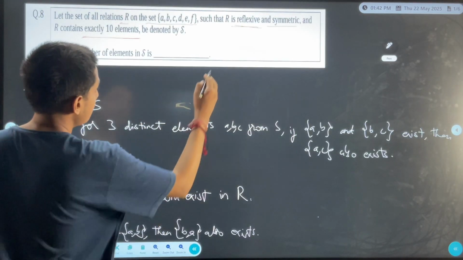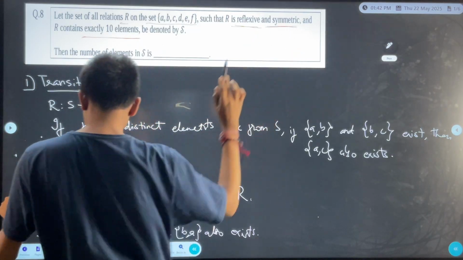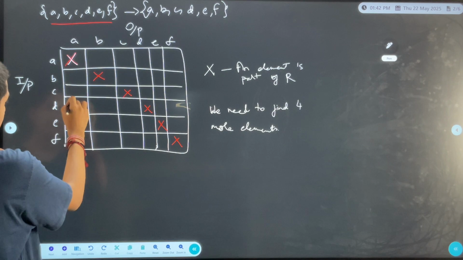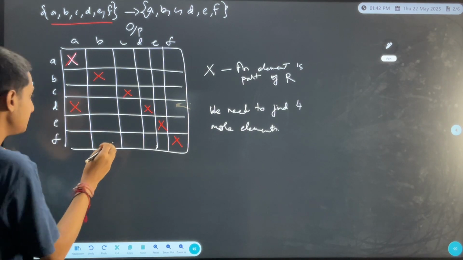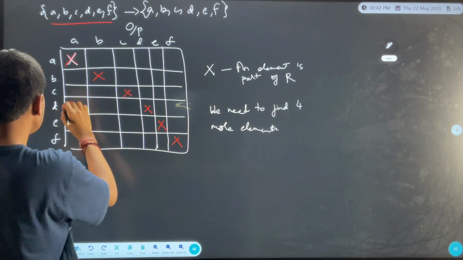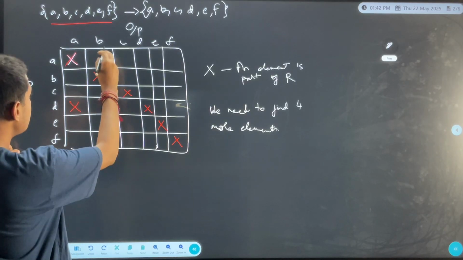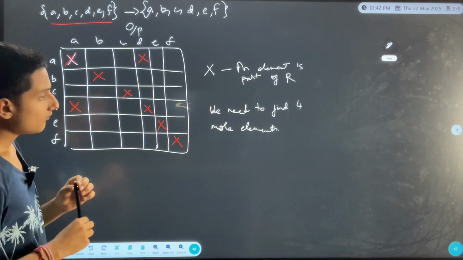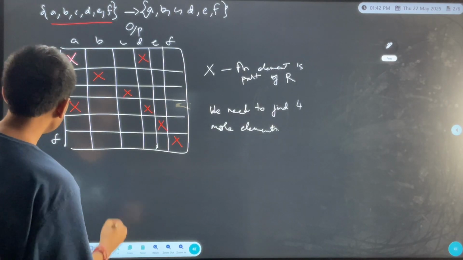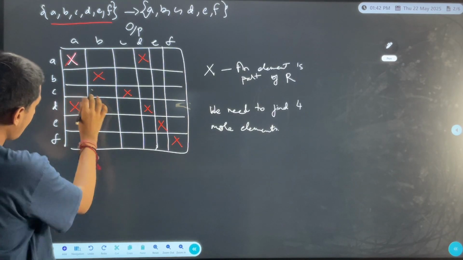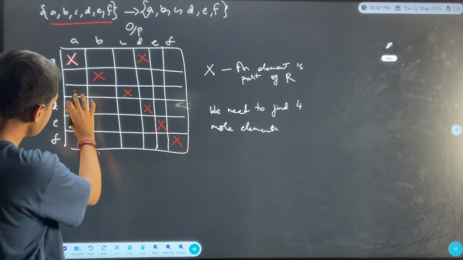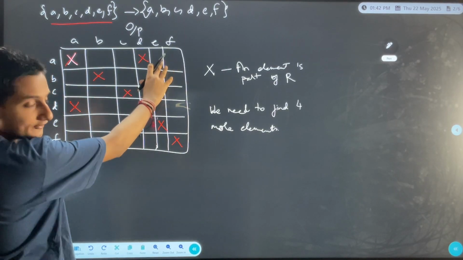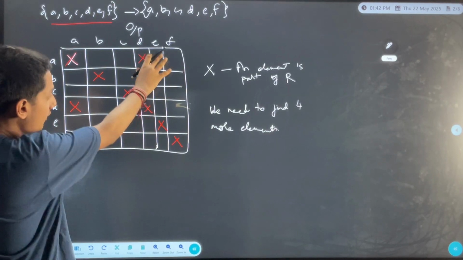Another thing that is given is that this relation is symmetric in nature. Therefore, let us say I included this element in the relation, that is DA, then I would also have to include the AD relation. So what this helps us conclude is that if I choose any random element from the bottom part of the table, then that will also automatically be included in the top part.